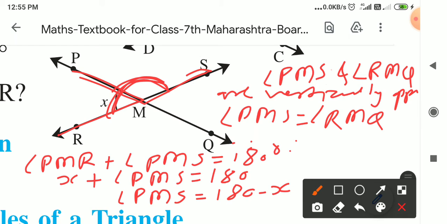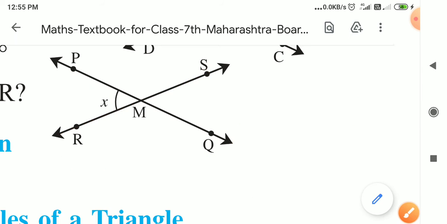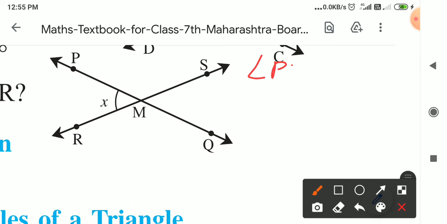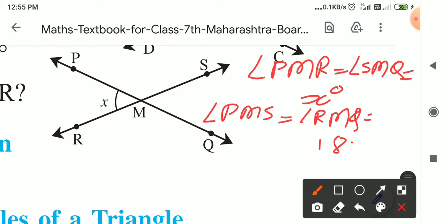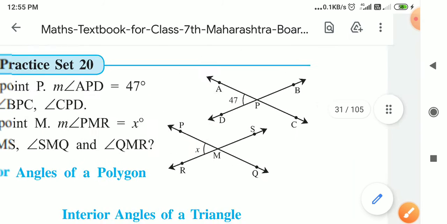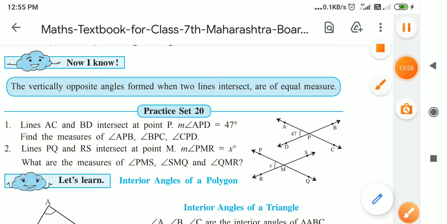Therefore angle RMQ is equal to 180 minus X. Then at last you write down: therefore angle PMR is equal to angle SMQ, which is equal to X degrees, and angle PMS is equal to angle RMQ, which is equal to 180 minus X degrees. In this way we have to solve this example from practice set number 20.